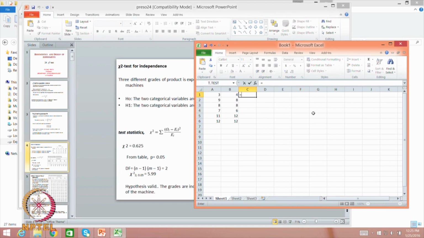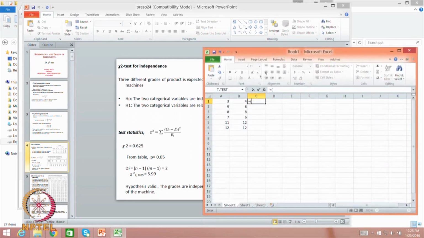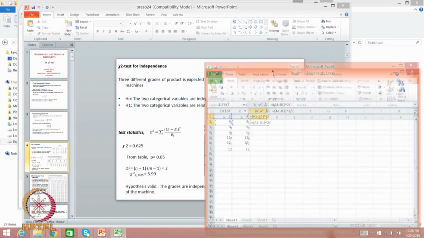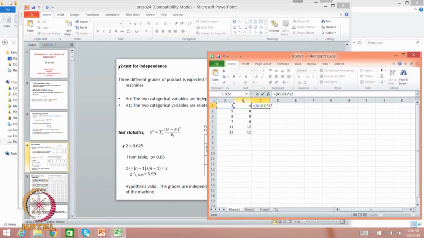So this is equal to this minus this, squared, divided by expected, in the second column. Do you understand? Observed minus expected: 3 minus 4 is 1, squared, divided by expected, 1 by 4, that is 0.25.